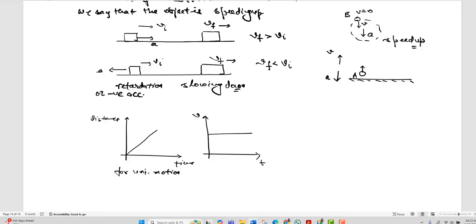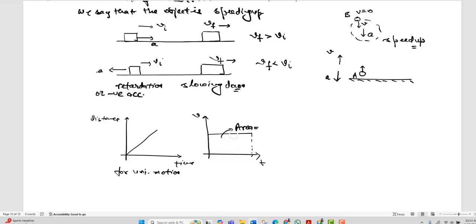Okay. Now from here we have inferred one more result: what is represented by the area of the velocity time graph?